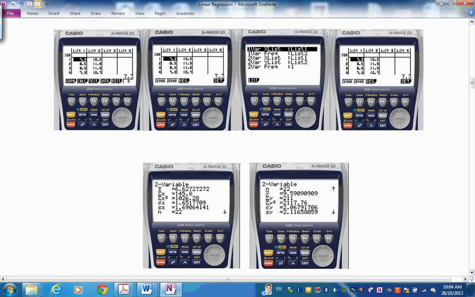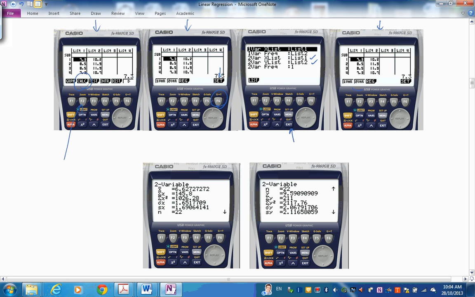Let's go back. Here's our first window over here, city and highway values, and then if we hit calc, you hit F2 in there, and we get this window. This time there are two variables to be worked with. So there's 2 there. Hit F2, and we will come up with, oh well, hang on, no, I've messed that up now. Let's just get rid of that. We've got to set it first. So hit F6, and we just check it. 2 variable, x list 1, y list 2, check that, then exit that screen, and we come here.